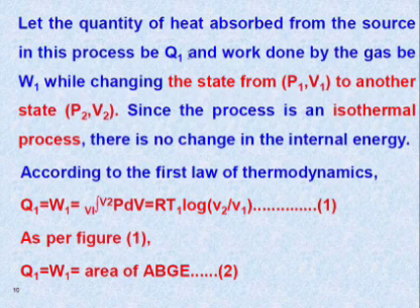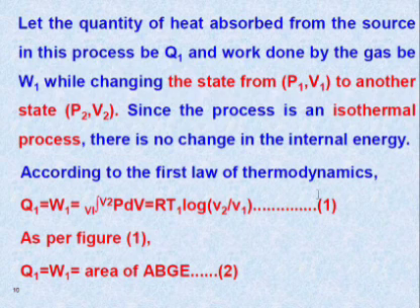Let the quantity of heat absorbed from the source in this process be Q1 and work done by the gas be W1 while changing the state from P1 V1 to another state P2 V2. Since the process is an isothermal process, there is no change in the internal energy.